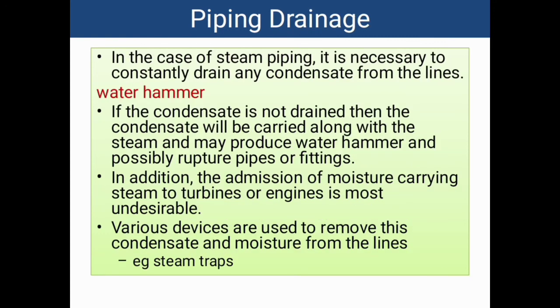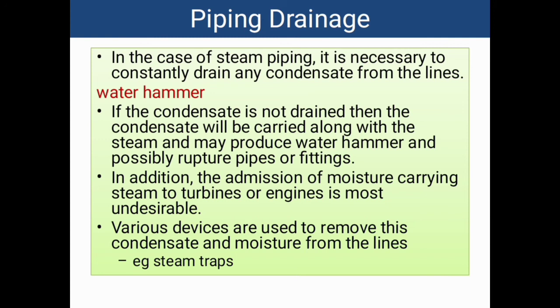Then piping drainage. When you are using pipe for steam transportation, during the transport of steam, the steam temperature will vary depending upon the environment. So inside the pipe, the steam will start to condense. This condensate will create a hammer inside the pipe.